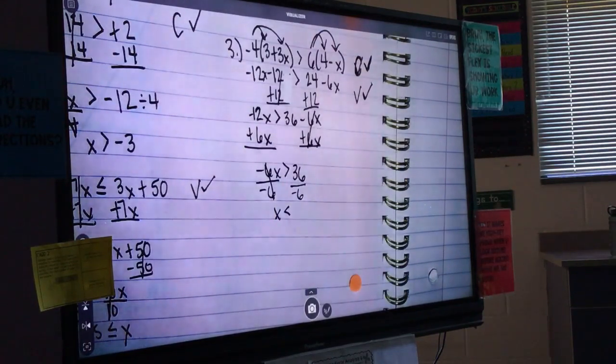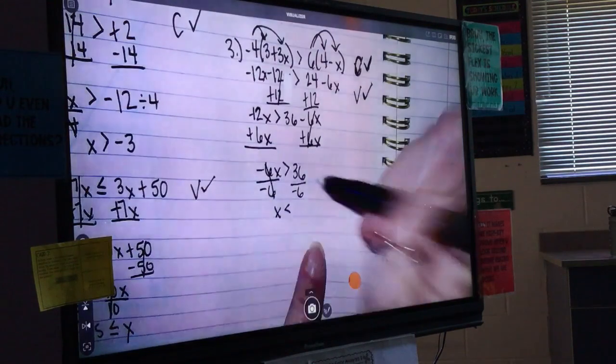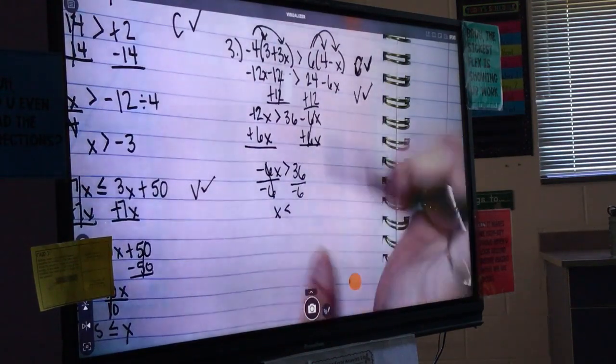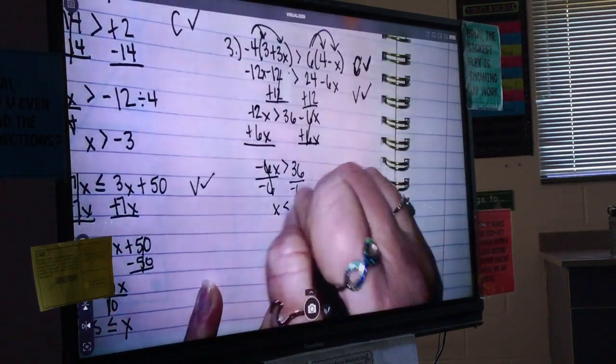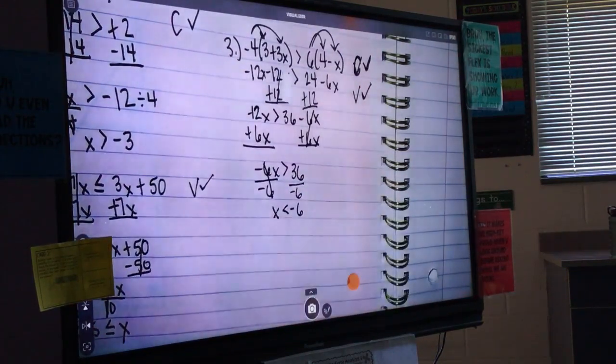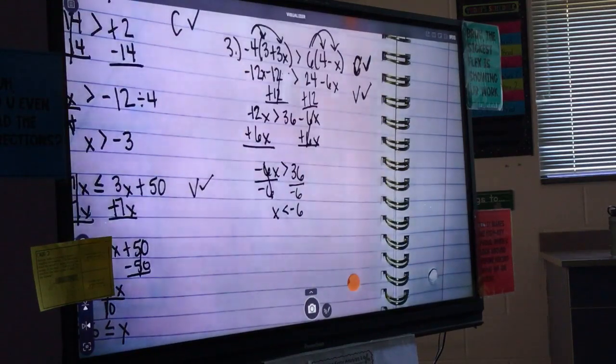The last thing that we highlighted says if you multiply or divide by a negative, you have to flip your inequality. That's what I said was going to be the hardest. So what is 36 divided by 6? 6, and then I just throw my negative on there. So your answer should be x is less than negative 6. If the only thing you did wrong was not flip your inequality, you're doing all right. I forgot to add my negative.